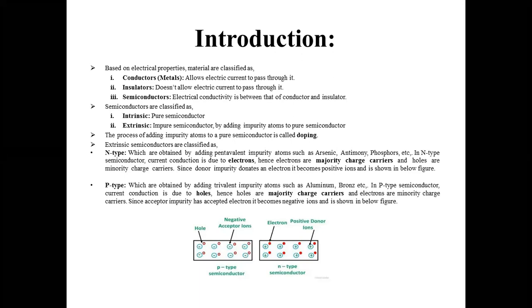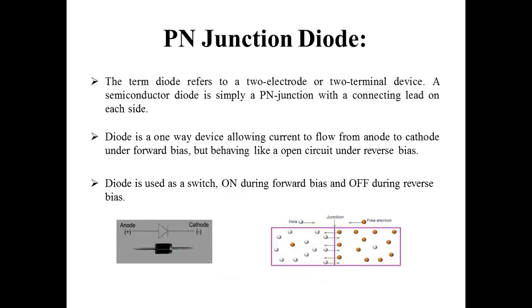In the N type semiconductor, pentavalent impurities such as phosphorus, arsenic, and antimony are added, so that electrons are the majority charge carriers, freely moving in it. In P type material, trivalent impurities such as aluminium and boron are added to the atom, and here holes are the majority charge carriers, freely moving.